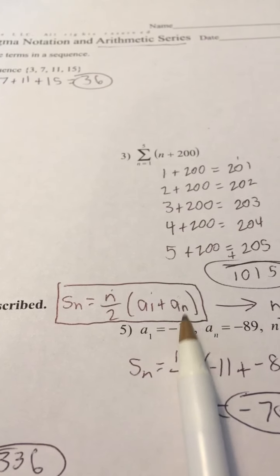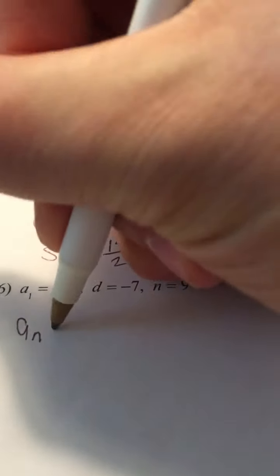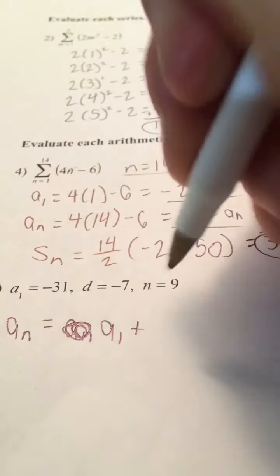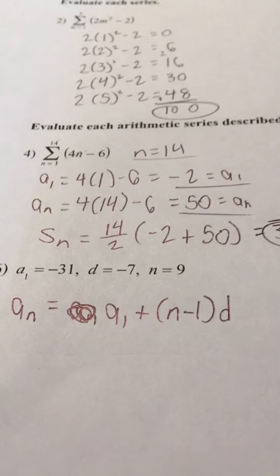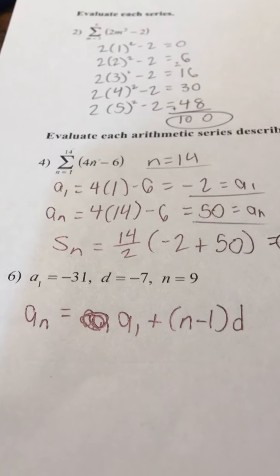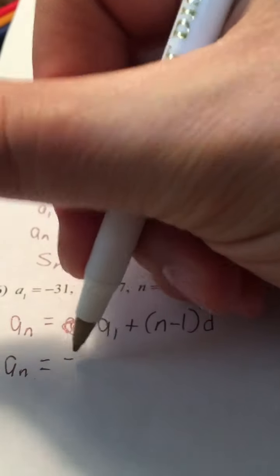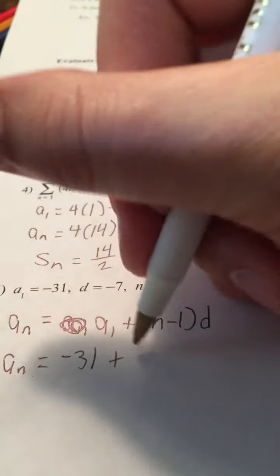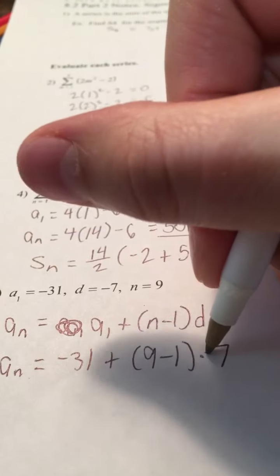But I could use my sequence formula from yesterday. Remember, that was A of N equals A1 plus N minus 1 times D, the common difference. I could use that to find A of n first and then plug it into the sum formula. So let's do that. A of n equals A1, which is negative 31, plus N, which is 9, minus 1 times the common difference, negative 7.